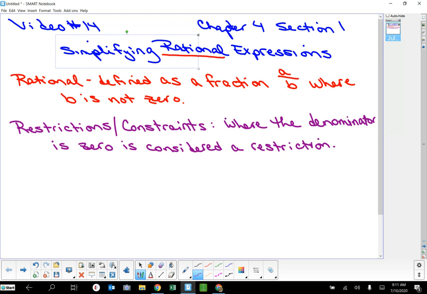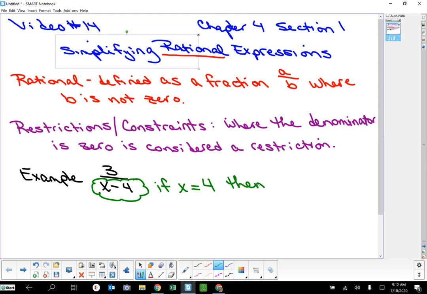Let me give you an example. If you see something like 3 over x minus 4, you should be able to look at this denominator. This one's real straightforward, which is why I picked this one, and know that if we let x equal 4, then the denominator is going to be 0.